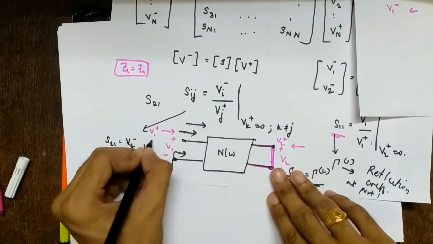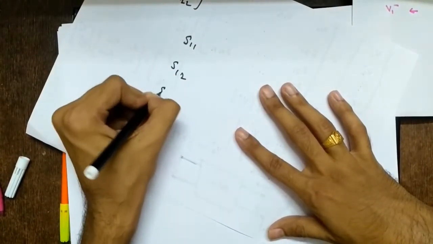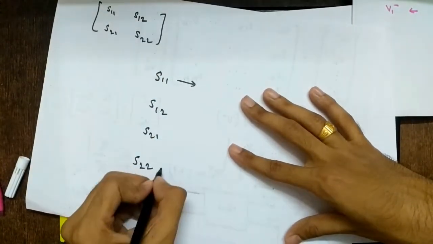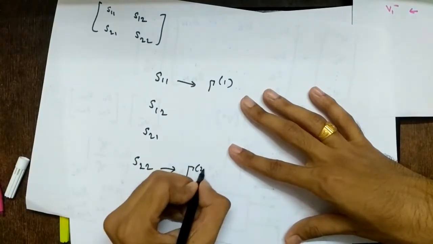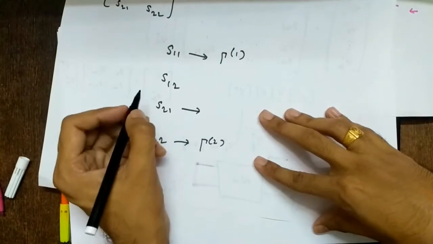If you are getting confused about this, let me tell you a simple way. We have a two-port network, S11, S12, S21, S22. This you might have understood: this is gamma at port 1, and this is gamma at port 2. Let's first talk about S21. What is S21?